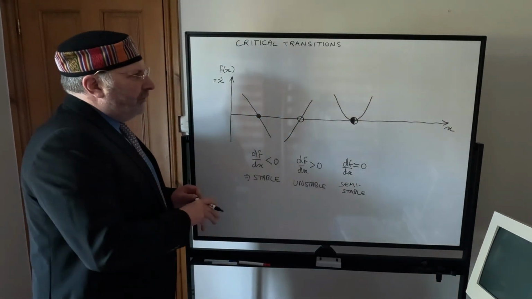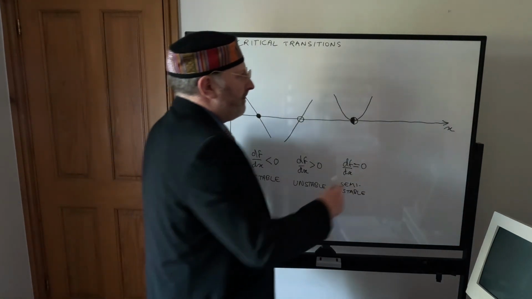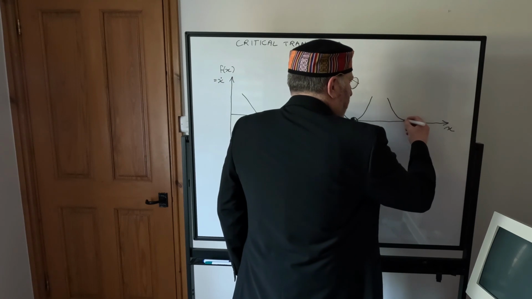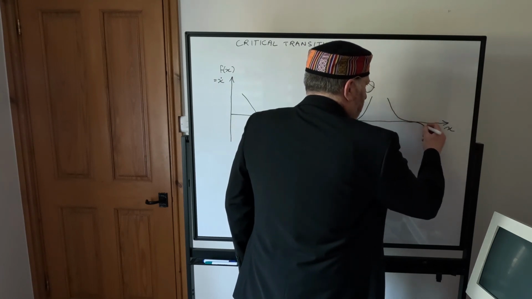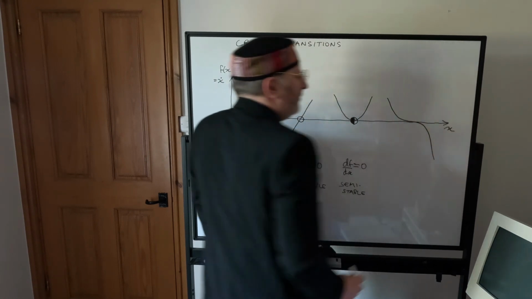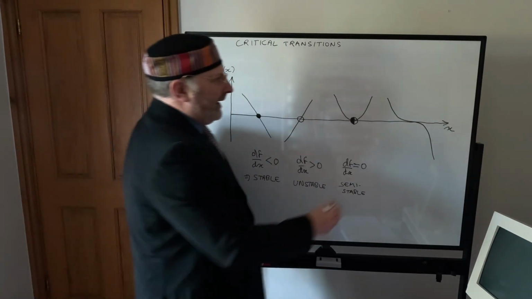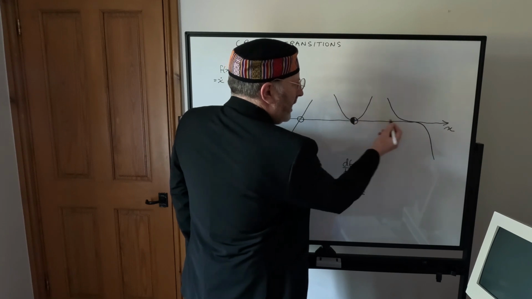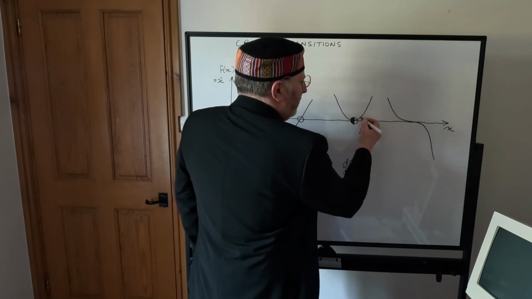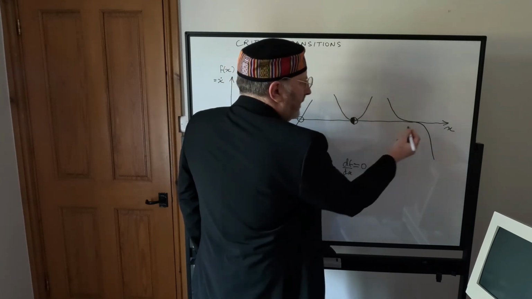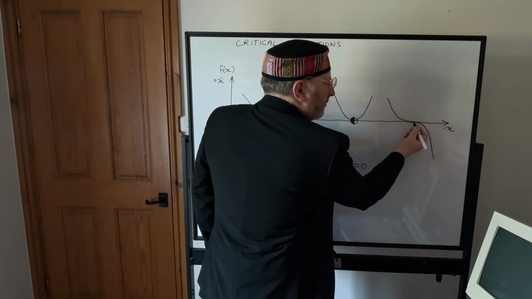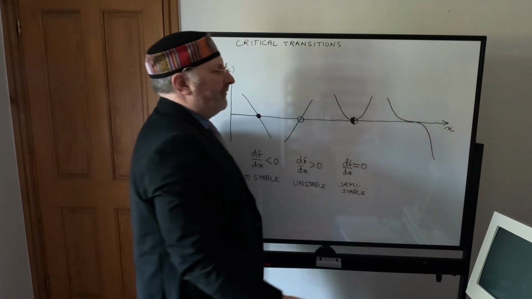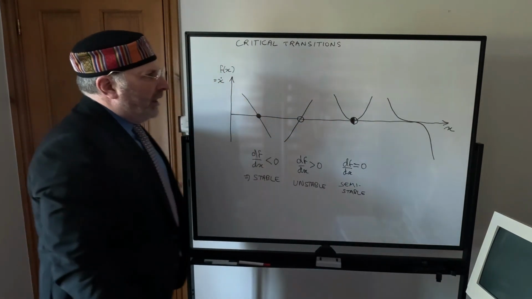And then we can have also other situations. We can have something like that, where it just touches, but instead of then going up again, it comes to a zero slope, but then it bends the other way and goes off in the negative direction.